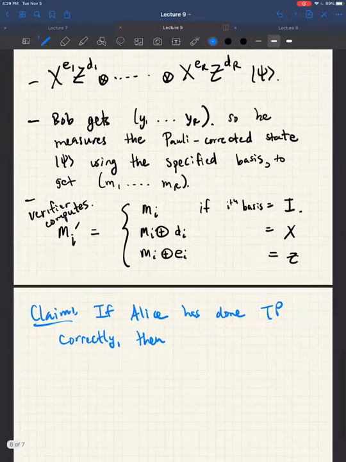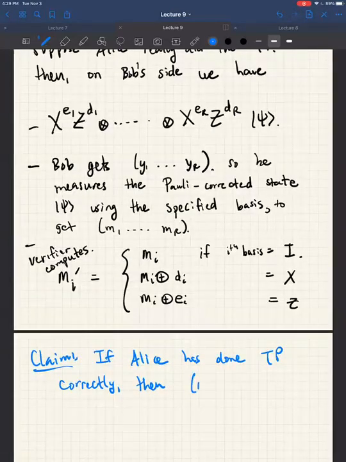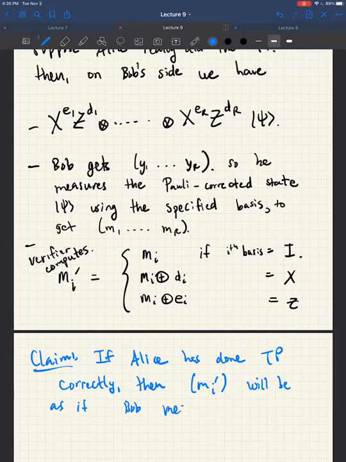If she's done the teleportation correctly, then these Mi primes will be as if Bob measured the proper state psi in the right basis. And that's exactly what we wanted, because that's what the trusted measurement device did for us.